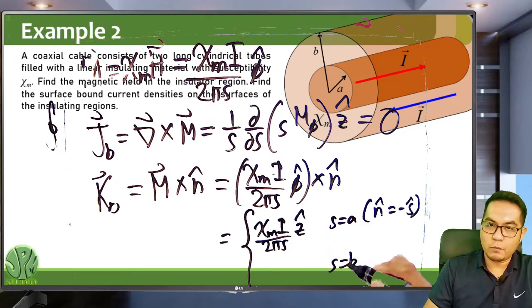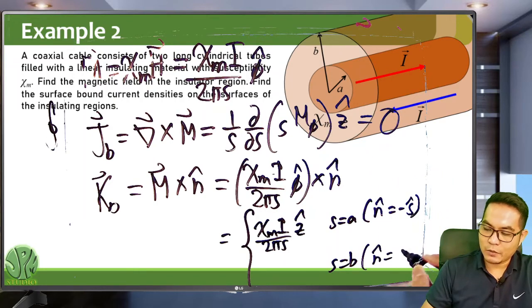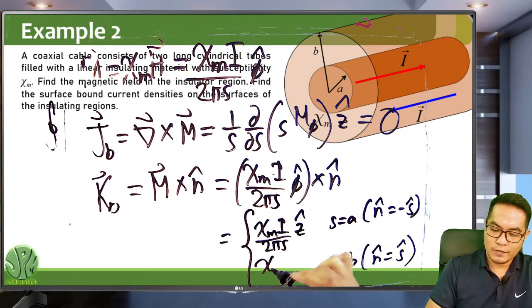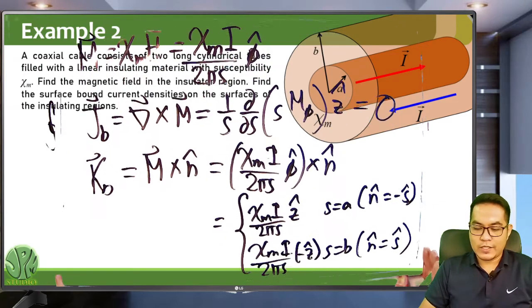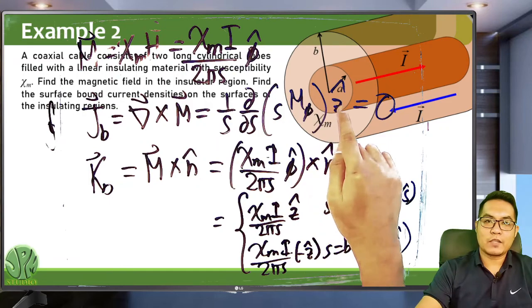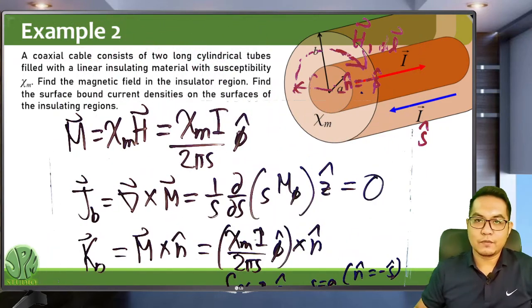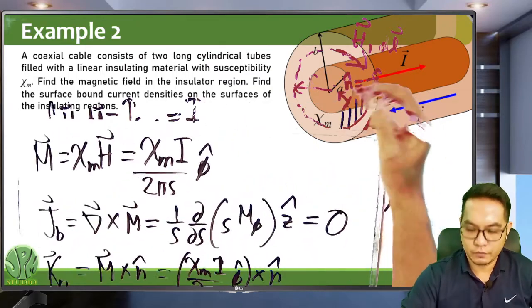For S is equal to B, the second surface, the outer surface, where n hat is equal to positive S hat, in that case the direction of the surface current density is negative Z hat. In the inner surface, the surface bound current density, K_b, is in this direction.